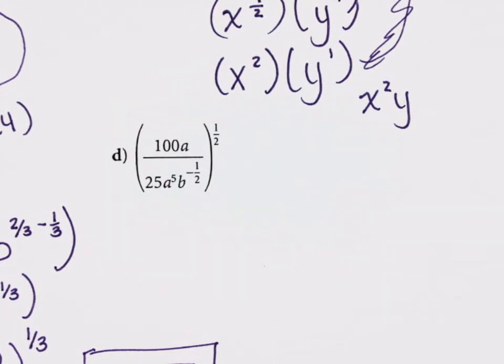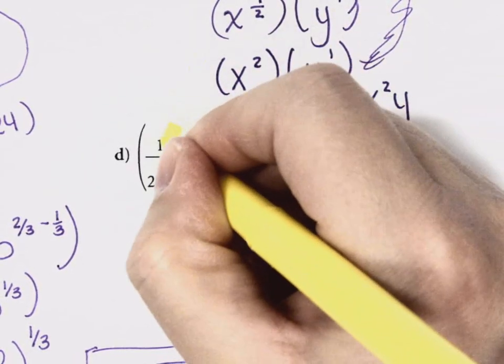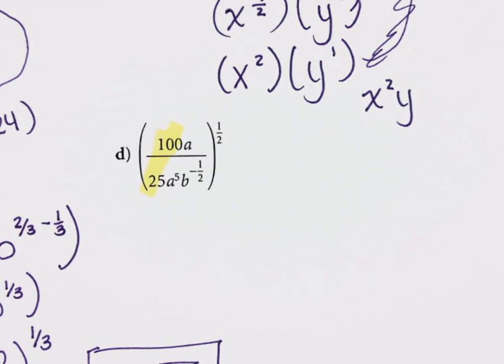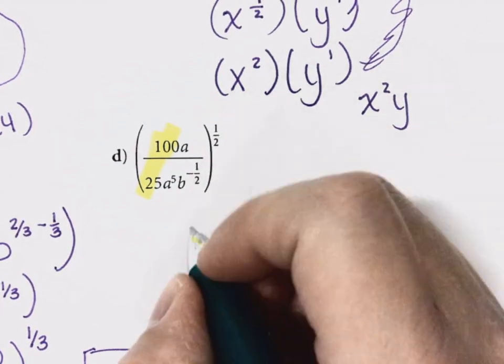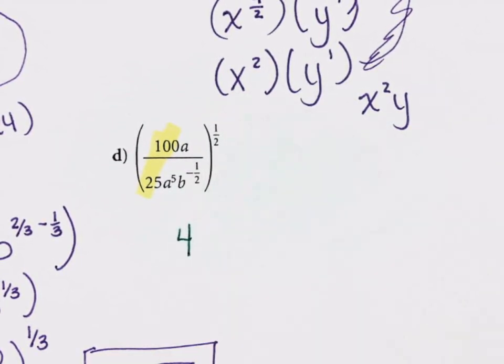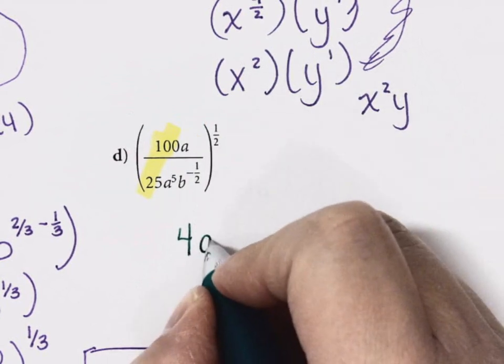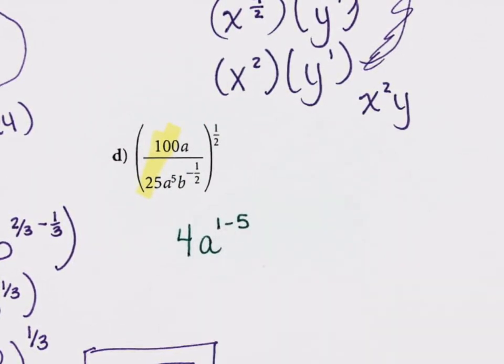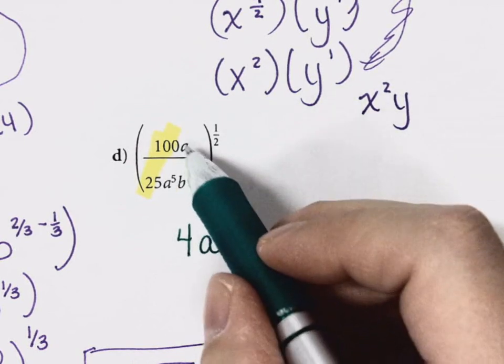Okay, now moving on to this one. Again, I'm going to look at those coefficients just by themselves. So 100 divided by 25, so that's going to leave me with 4. We're going to have a to the exponent 1 minus 5. And there's no b on top.